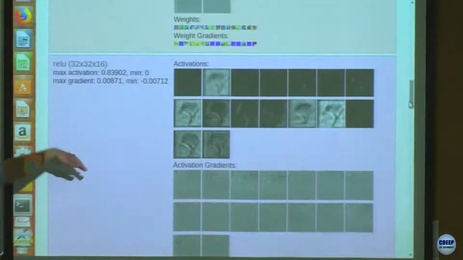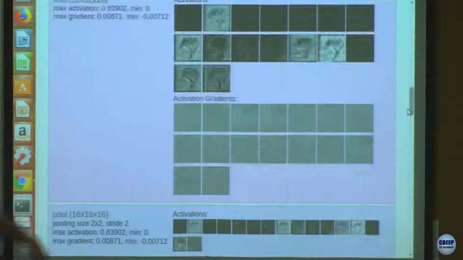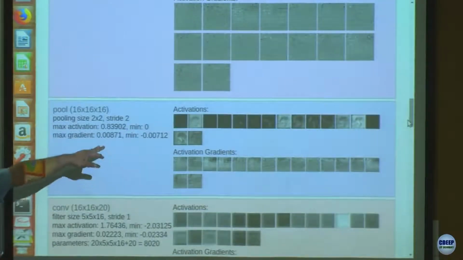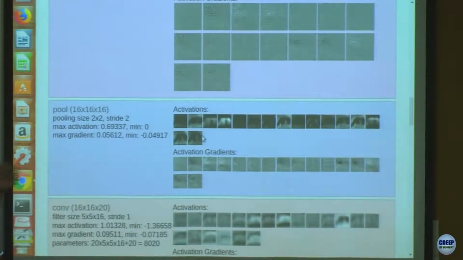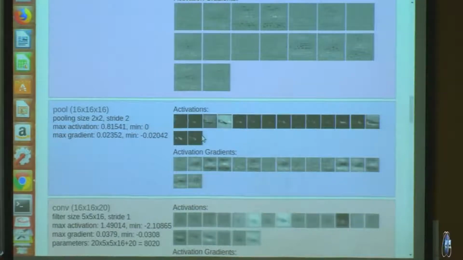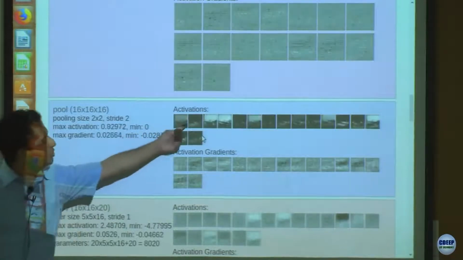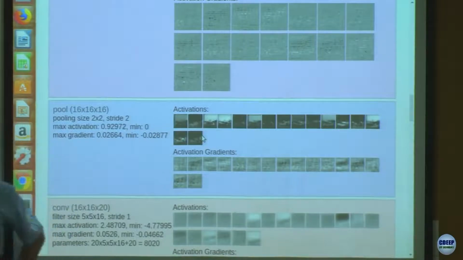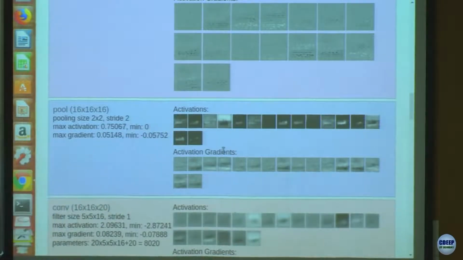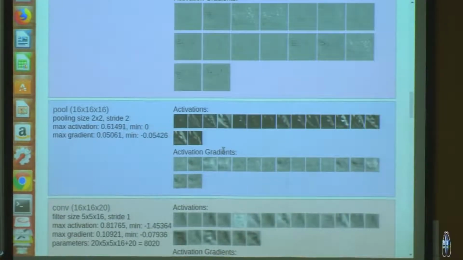Then you have done a ReLU immediately after that, and then there's a max pool. The max pool is just finding the max value. Pooling size is 2 by 2, so it's going to reduce the dimensionality by 2. This is a pool, and it's trying to find the activations. It's just trying to find where the activation peaks in those different blocks. So you can see that there is a sharpening effect that the pooling operation is bringing in. So only getting the max value. Now you may not want the sharpening effect.